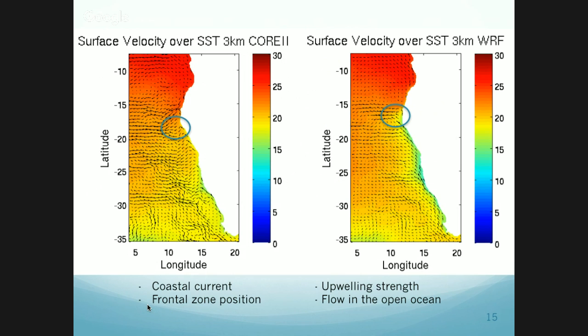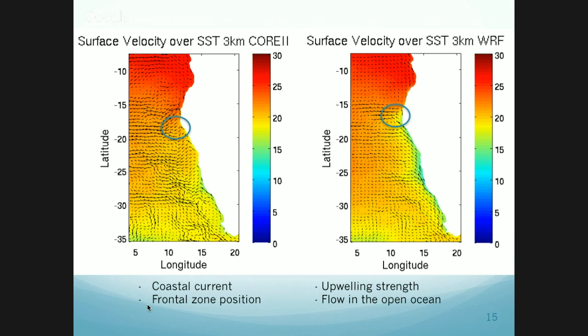So in the CORE2 forcing, the Benguela current moves northward and the Angola current moves southward, and they meet at approximately 18 degrees south, and they flow westward here. So in the CORE2 forcing, the frontal zone position is around 18 degrees.